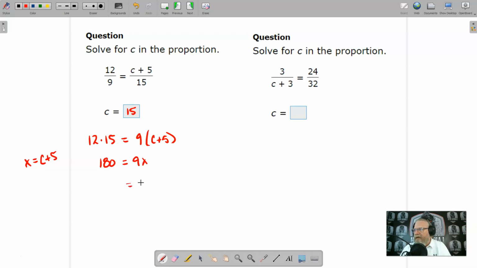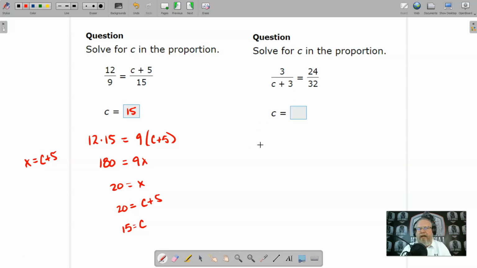And then divide both sides by 9, and I end up with 20, right? Well, 20 is x, and then I go back and think, okay, whatever x is, I would go back and substitute that c plus 5, right? And then subtract 5 from each side to end up with 15. So however you want to do it, several processes there.